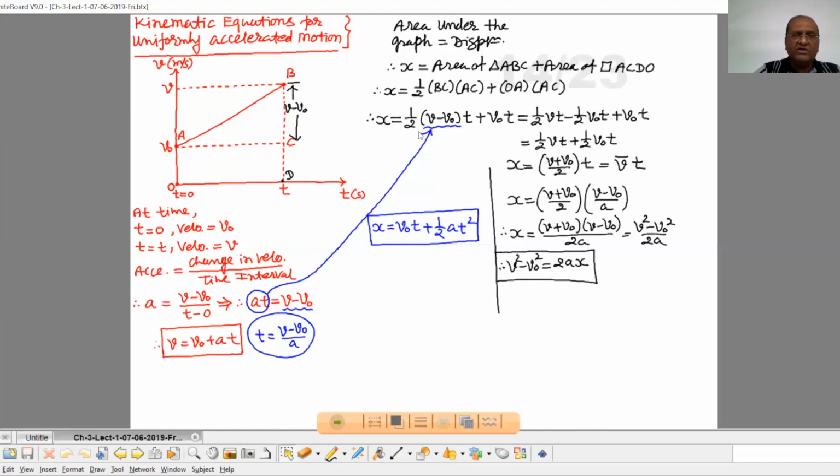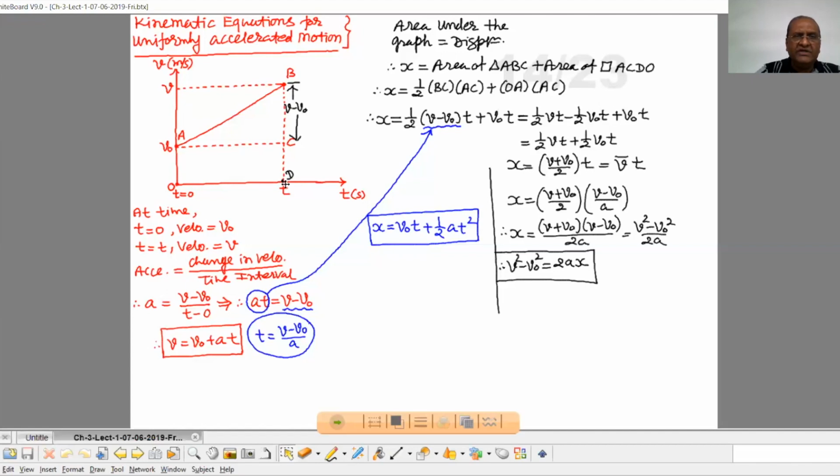So x equal to half into, now see this portion BC, that is v minus v0, because this is v, this is v0, so this portion is v minus v0.